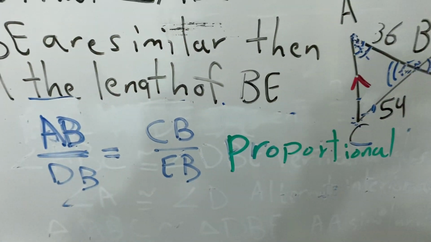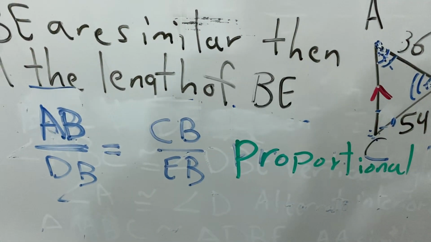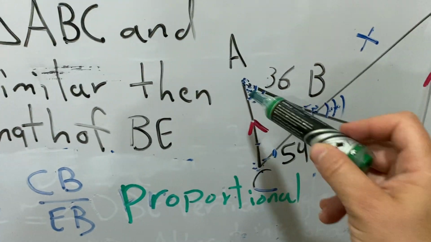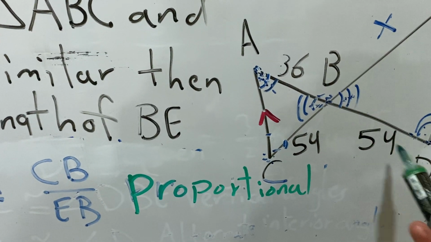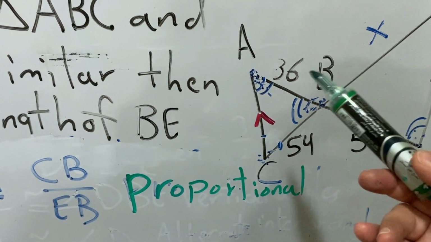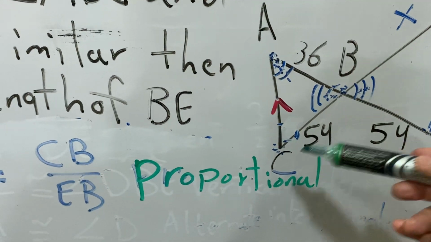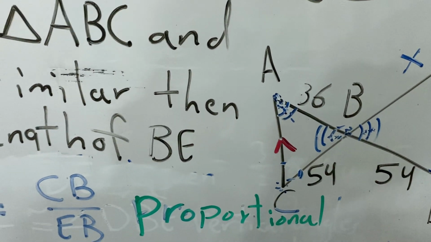Why are they proportional? They are proportional because any similar triangles, all the sides in them are proportional to each other, meaning the side from one triangle over the corresponding side from the other triangle is equal to one side of the first triangle over the corresponding side from the other triangle.